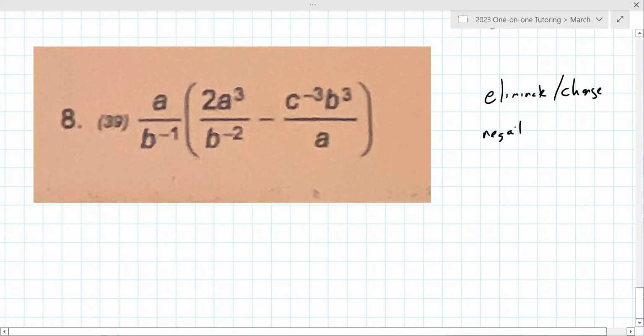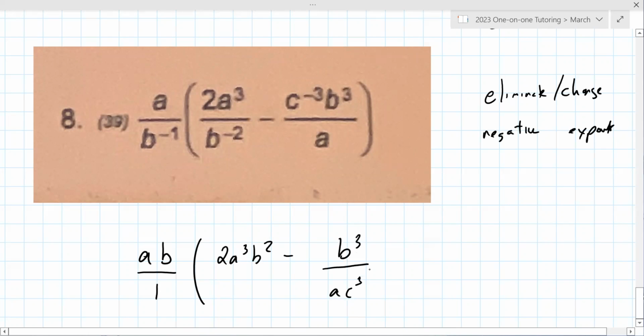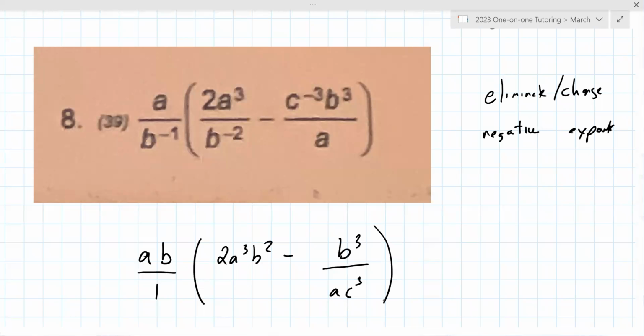So a b to the first over 1, and then 2a cubed b squared, and b cubed over a c cubed.